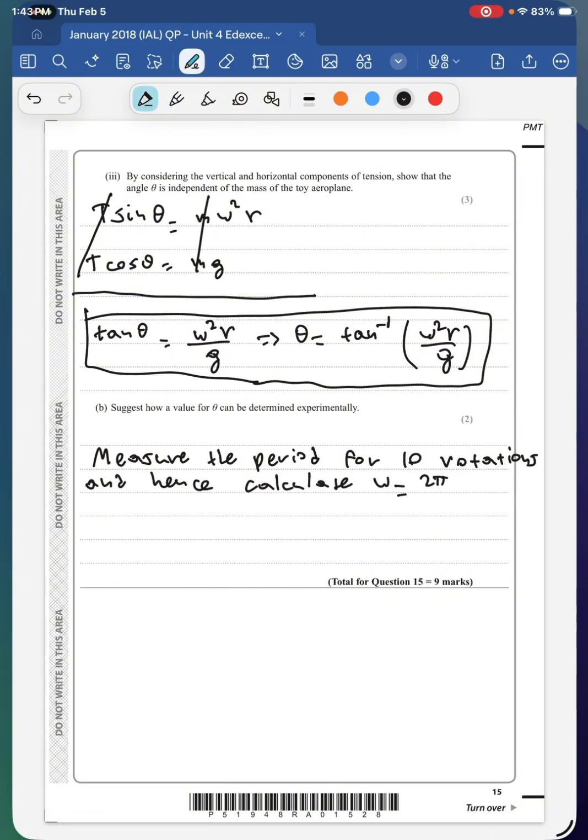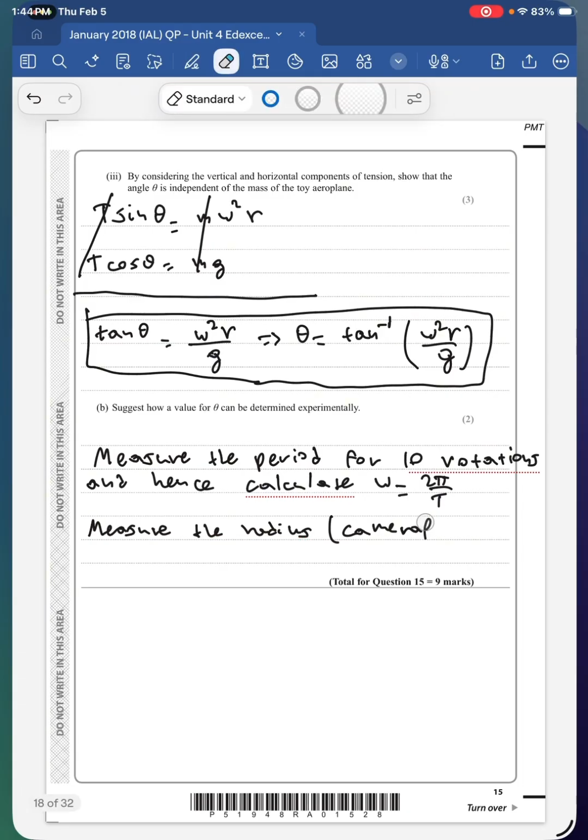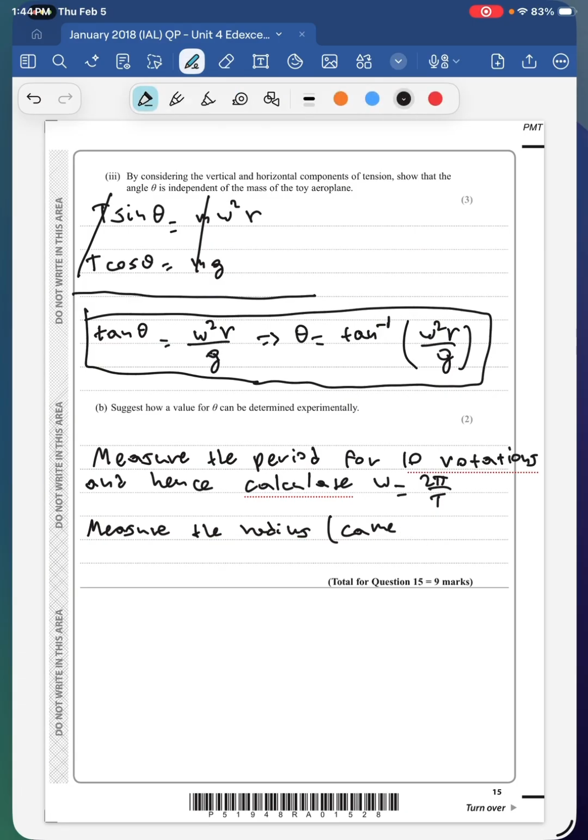Omega is 2 pi over the period. Measure the radius, maybe using a camera, I guess. Or a photograph, right?